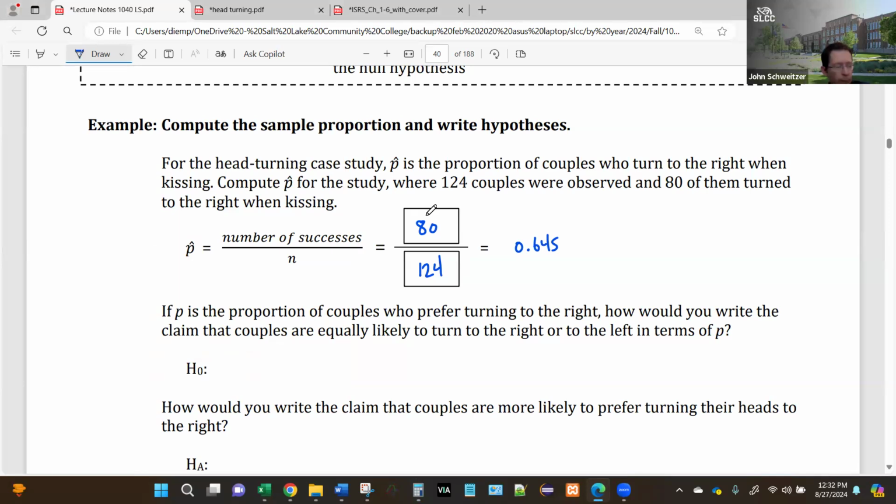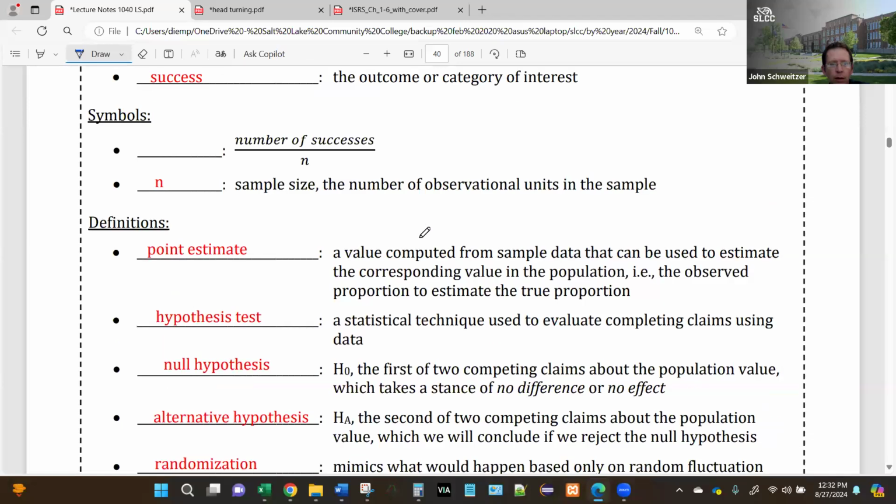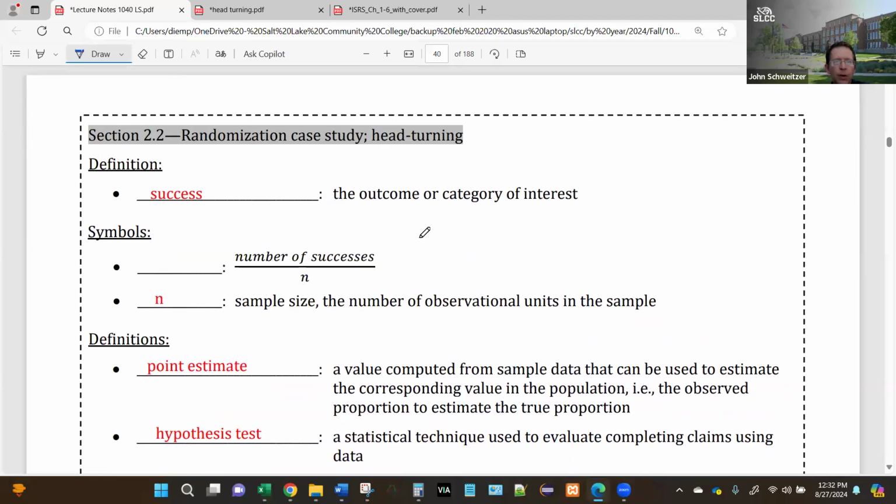So let's do a little discussion here of some vocabulary. This is definitely categorical data, because each kiss is either going to be a right turn or a left turn. So there's two categories. And when we analyze categorical data, we tend to have one category that we're most interested in.